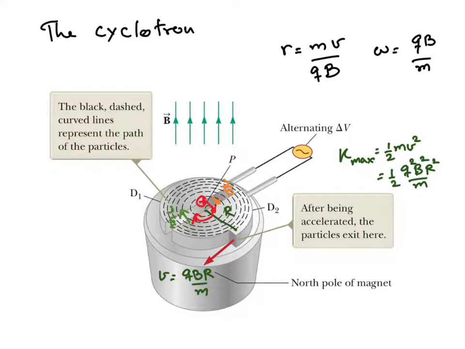So the time the particle takes to move from this position to this position is half of the period of the full circulation. So it means that the period of the alternating source here must be half of the period of the circulation of this particle.